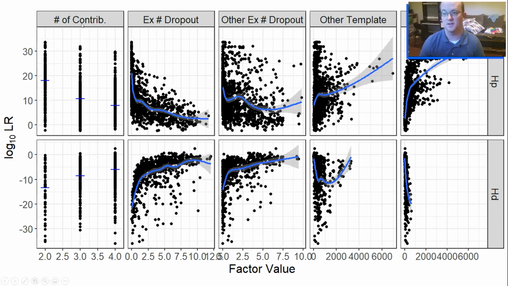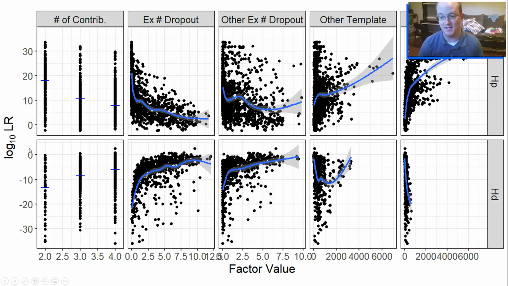Each column corresponds to one of the 5 factors I just discussed: the number of contributors in the mixture, the expected number of dropouts from the perspective of the reference profile, the expected number of dropouts among the other components of the mixture, the template amount for the other components of the mixture, and the template amount from the perspective of the reference profile.